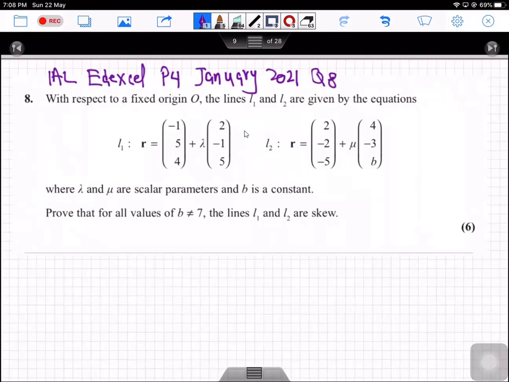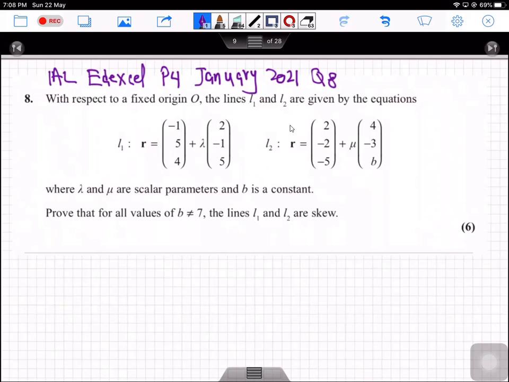As we can see, the direction vectors of the two lines are not scalar multiples of each other, because 2 times 2 is 4 and minus 1 times 3 is minus 3. So the scalar multiple is already different over here, so the direction vectors of the lines are not scalar multiples of each other.